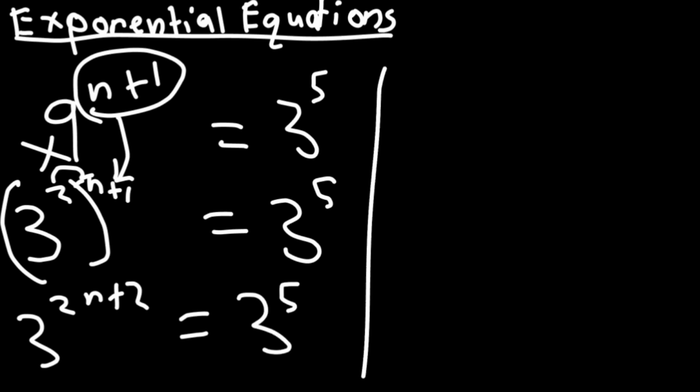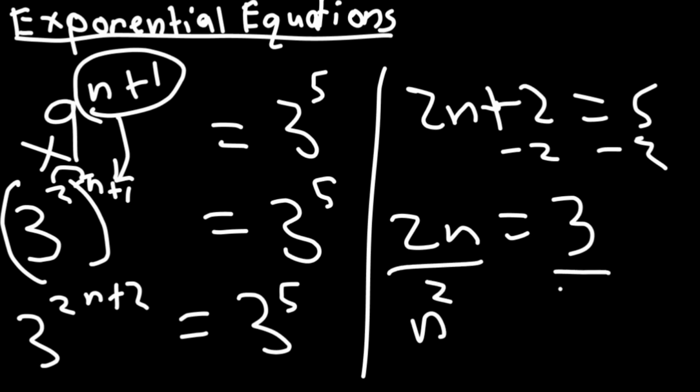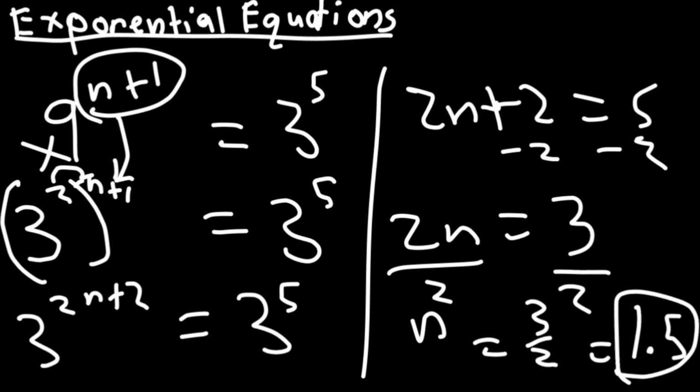And then you just find n from there. So 2n plus 2 is equal to 5. Subtract 2 from both sides. 2n is equal to 3, divide by 2, so n is equal to 3 over 2, which is equal to 1.5. And that is your final answer for n.